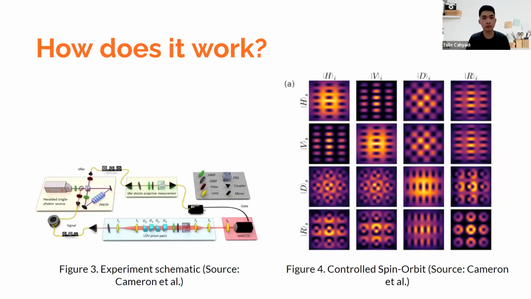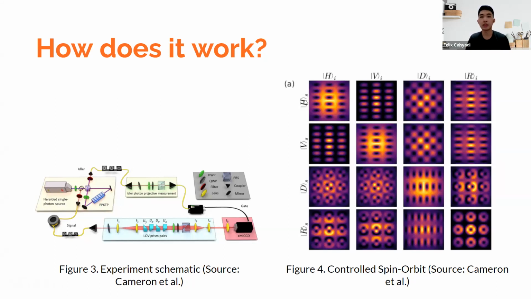The way it works is through this experiment, which uses lasers and sets of mirrors and lenses to control the spin orbit state. Here the polarization acts as a controller with which the beams interact. So certain polarizations will interact with certain lenses and the others don't.